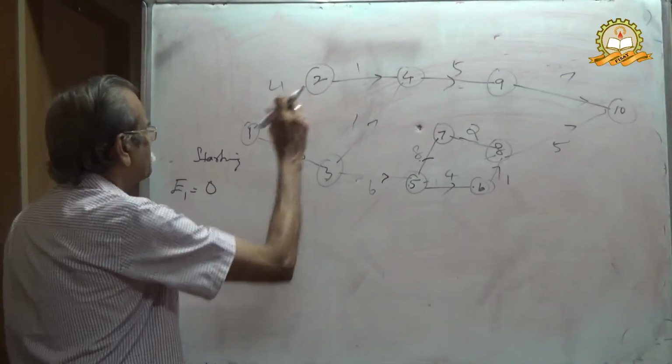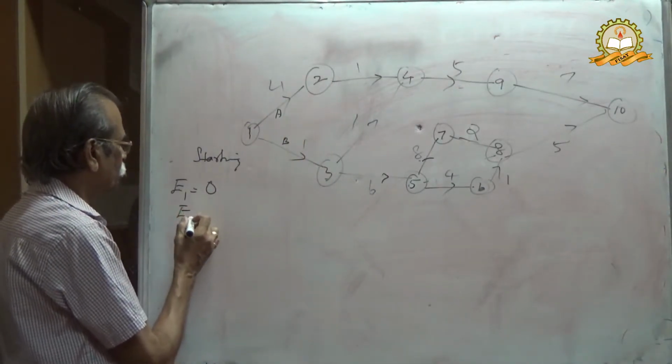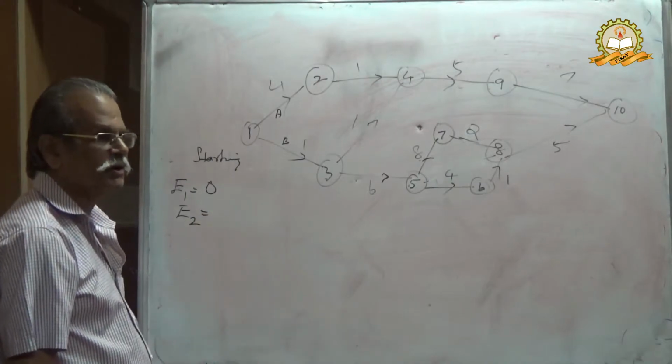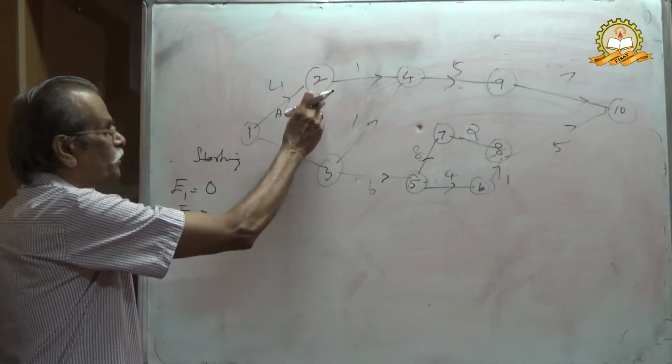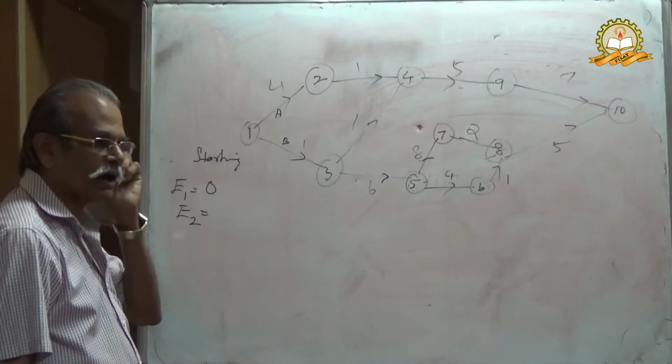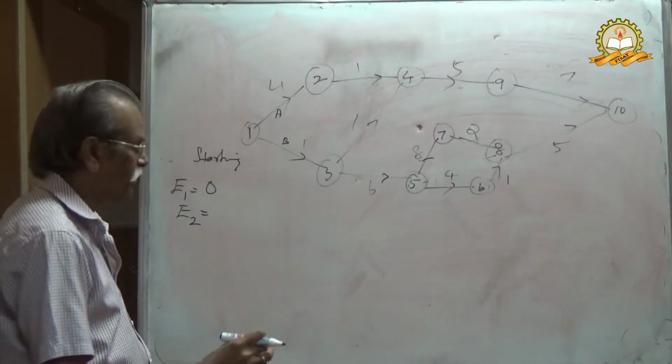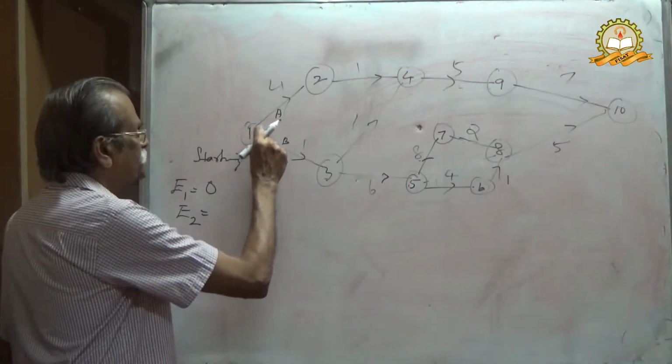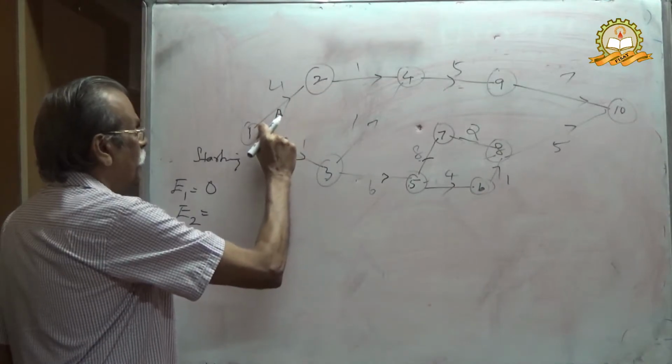Now this is E2, the early start time of event 2. You can see the arrow from 1 to 2.